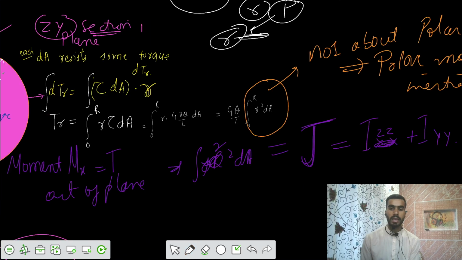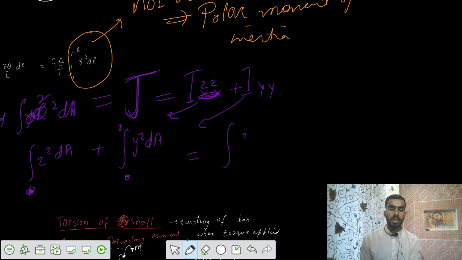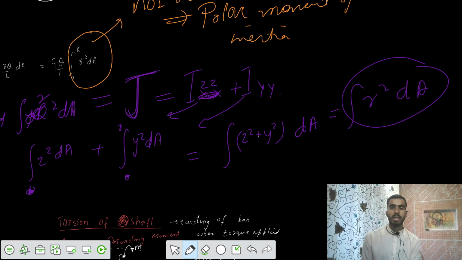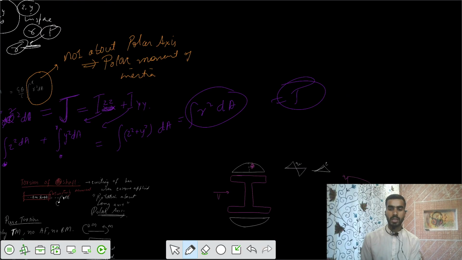So if you write that, that equals the integral of y squared dA from 0 to some value of y max, and similarly the integral of z squared dA. Izz plus Iyy equals the integral of z squared plus y squared dA, that's also equal to the integral of r squared dA, and that we call J. That's the polar moment of inertia.